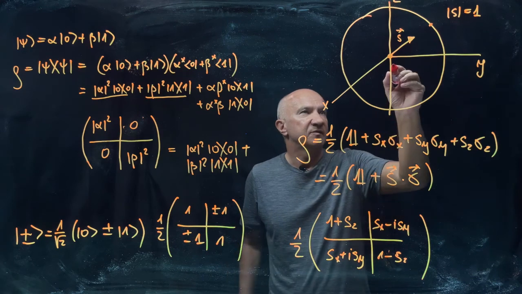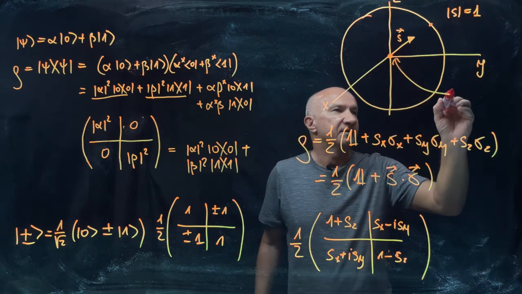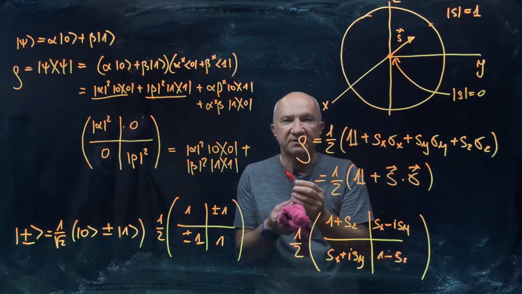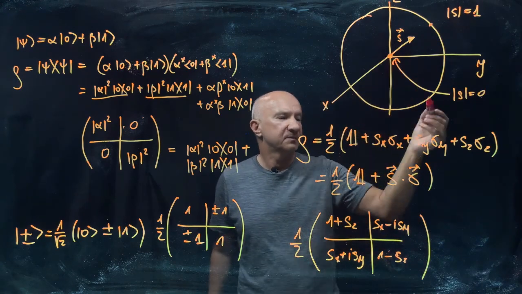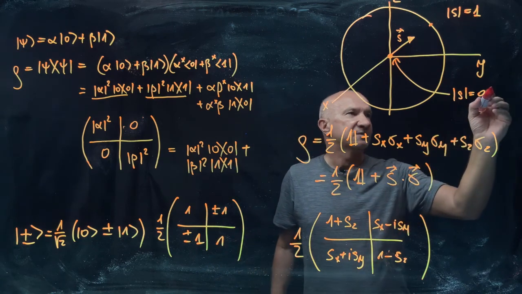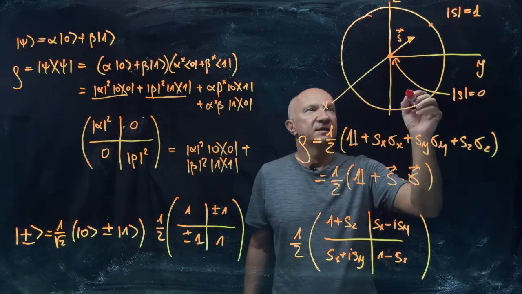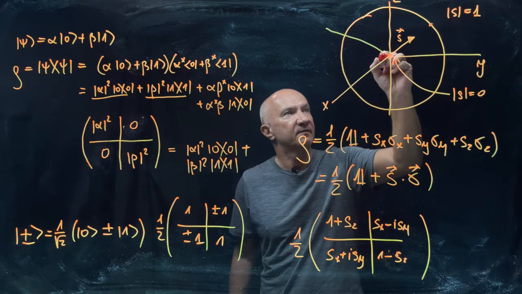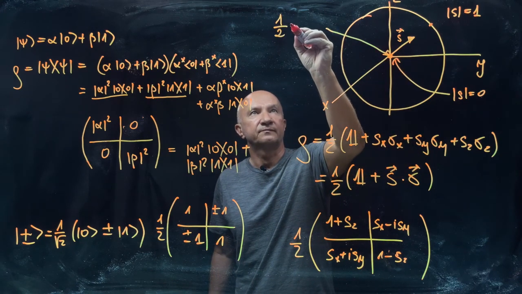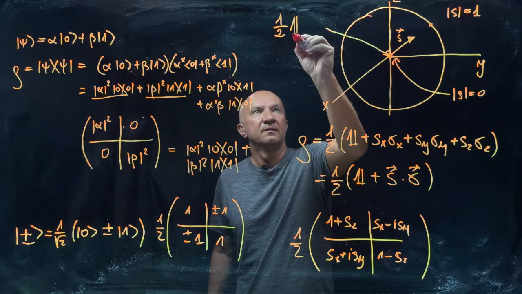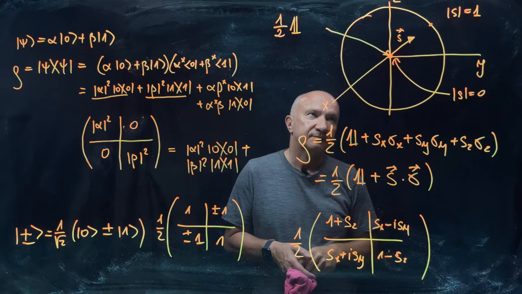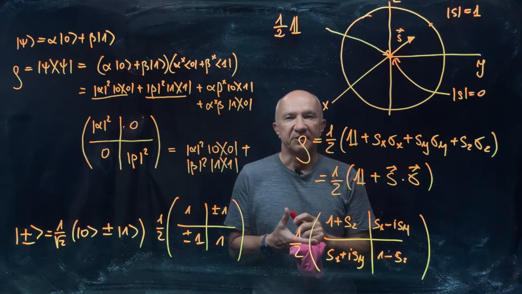The length of the Bloch vector here is equal to 0, and if you put s equal to 0, the corresponding density operator is proportional to the identity. So this point corresponds to the density operator half the identity. So that's called a maximally mixed state.